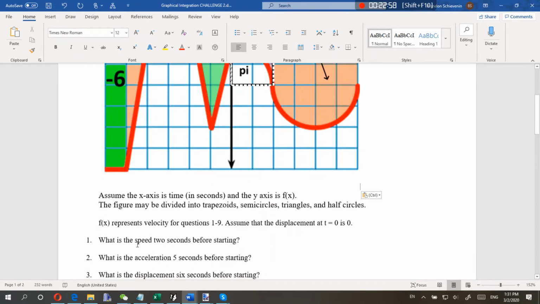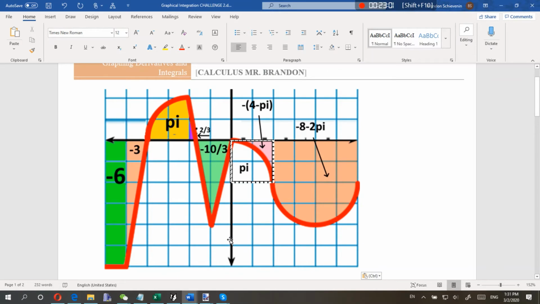Okay, first one asks, what is the speed 2 seconds before we started if this graph represents velocity? Okay, so 2 seconds before we started. If my speed is velocity without direction, then that's the absolute value of my y value. So the absolute value of my velocity right now is 2.